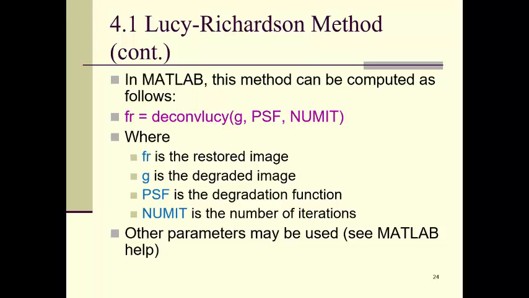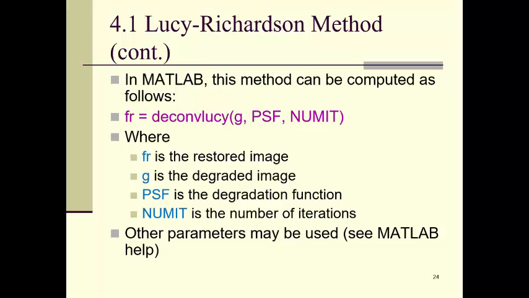We can remove the noise, we can improve the contrast, we can handle the distortion of the image. To remove the noise, we can use filtering. To improve the contrast, we can use histogram equalization. And in order to remove the distortion, we need to use deconvolution techniques.